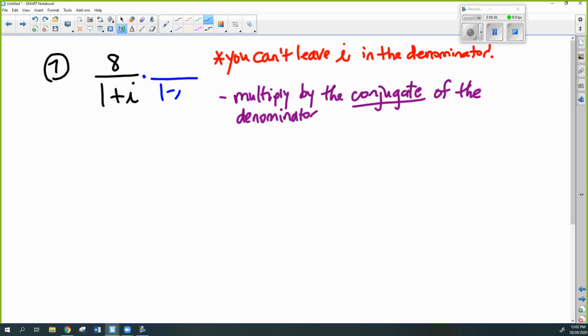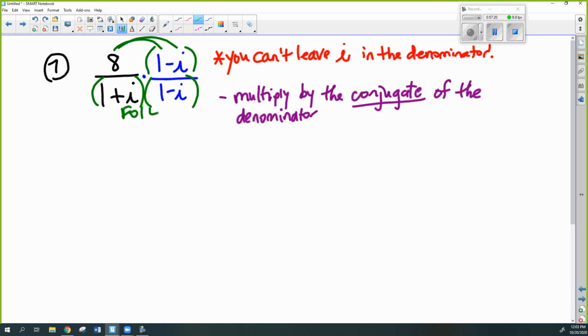Okay, 1 minus i. But if you multiply on the bottom, you have to multiply by the same stuff on top. And on top, all we're going to have to do is distribute. But on the bottom, we're going to have to FOIL. But that's good. FOILing conjugates should work out really nicely.